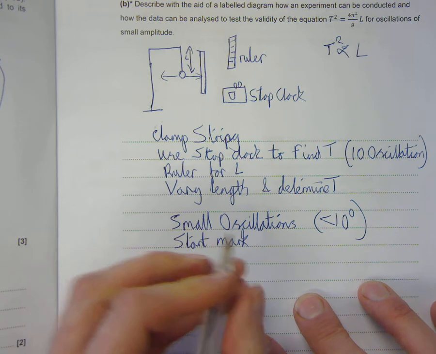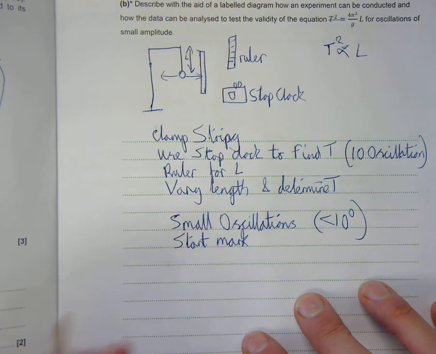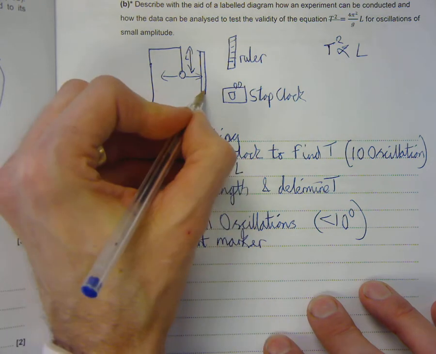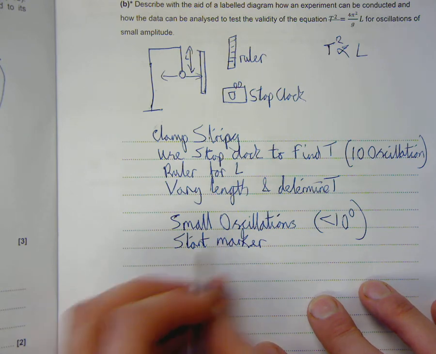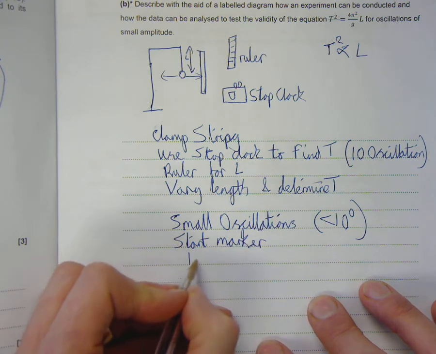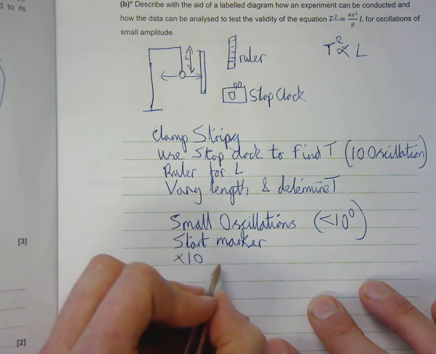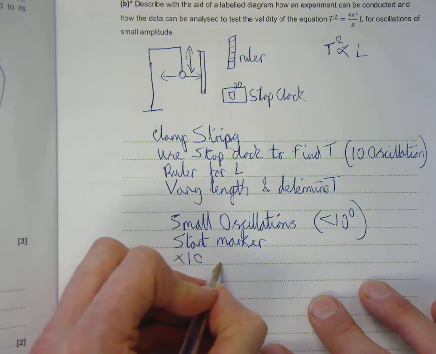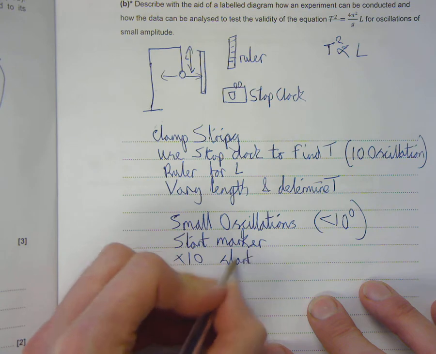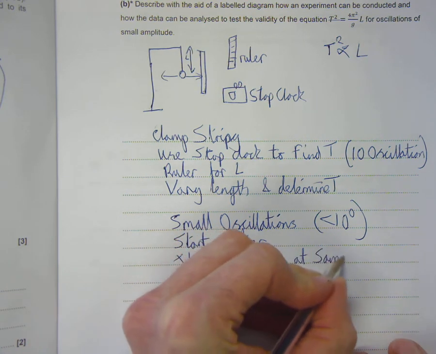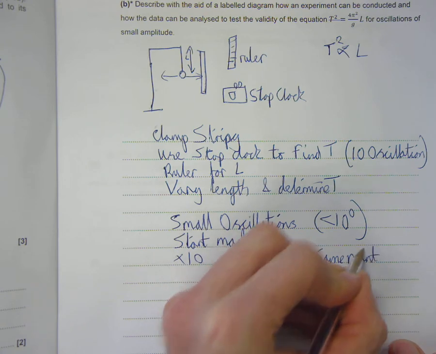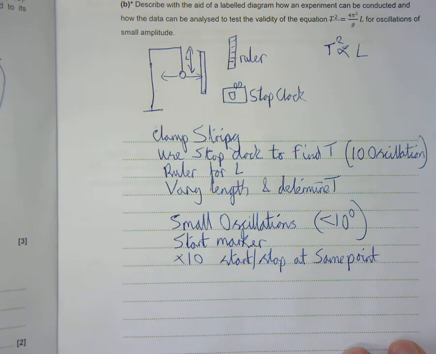Sometimes they call this a fiducial marker, but some sort of marker, so you know you start at the same point each time. And you're going to time for maybe 10 oscillations, and you're going to start and stop at the same point. You could say the middle, you could say from the marker.